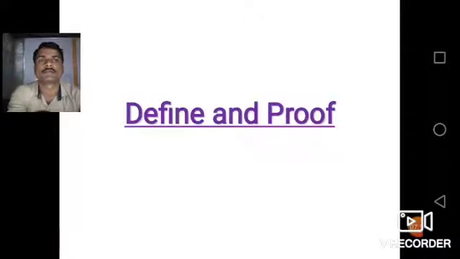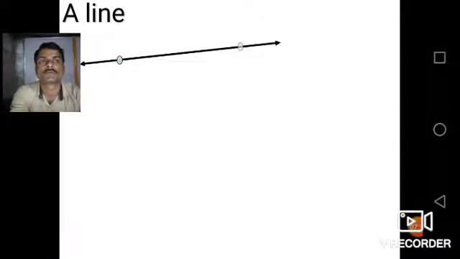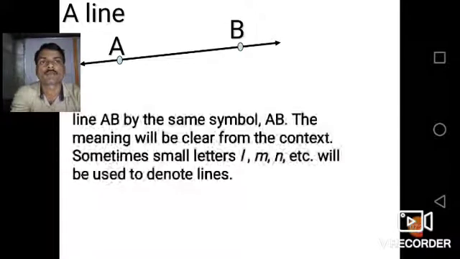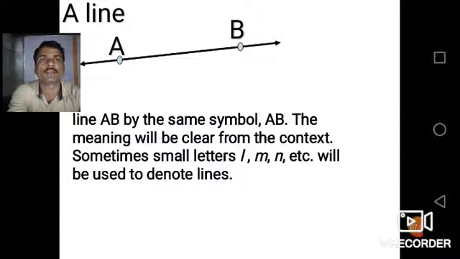The meaning of the line will be clear from the context, that A and B are points lying on the line, and the set of infinite points between A and B is nothing but a line.